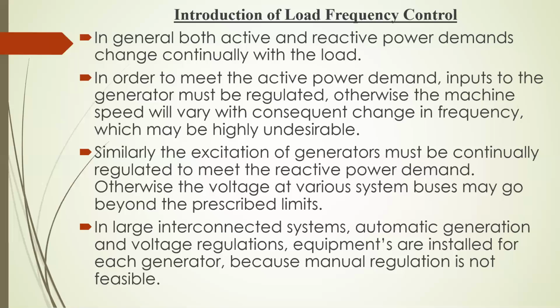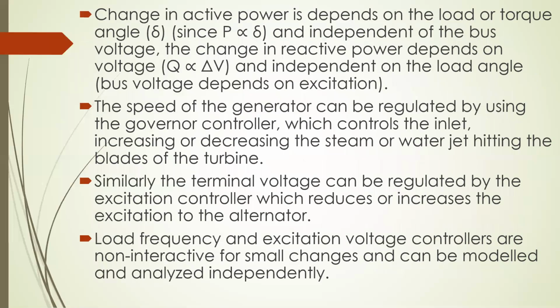In this first unit, we are going to discuss the automatic generation control mechanisms. In the second unit, we will go with the automatic voltage regulators. These equipments are installed in each generating station to regulate these values for a large interconnected system.